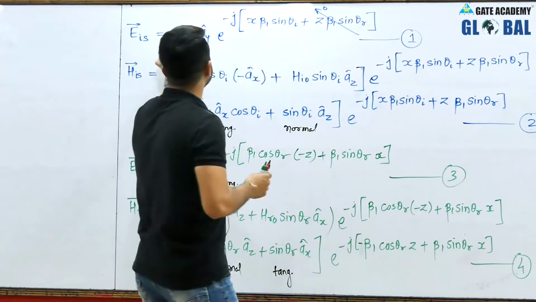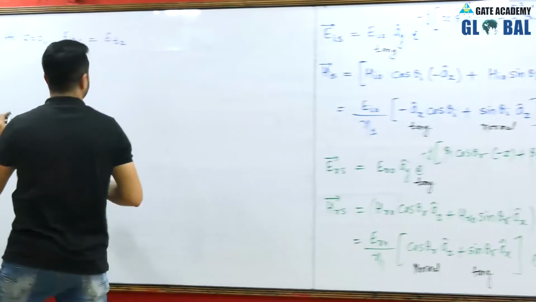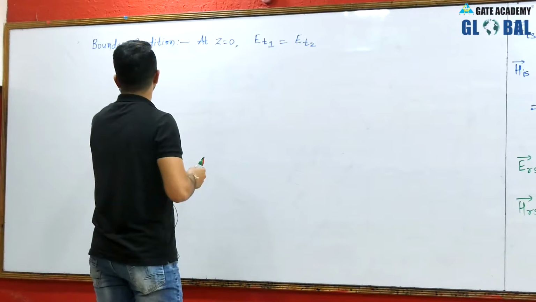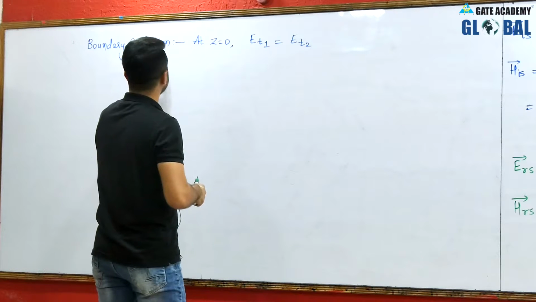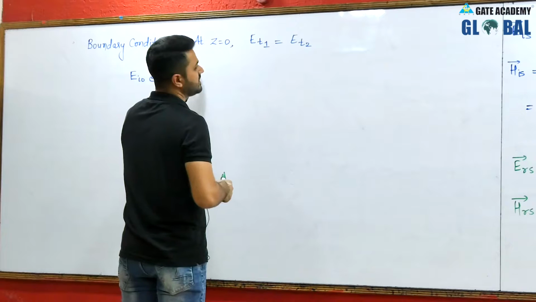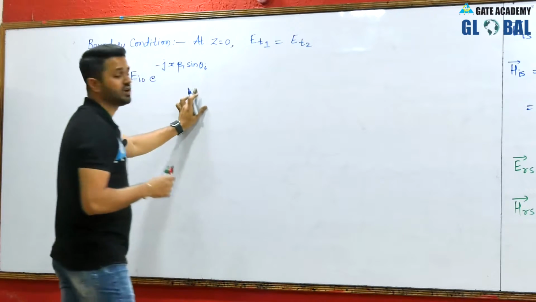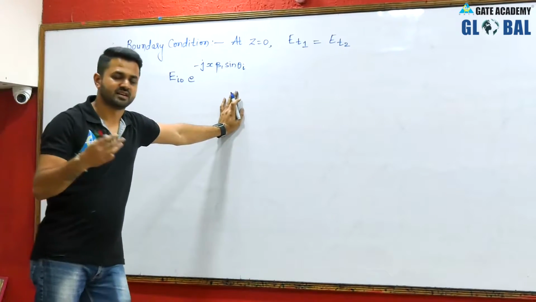So we will have only this term, Ei0 e to the power minus j x beta 1 sin theta i. This is only for the incident wave, and in medium 1 we have incident as well as reflected wave.